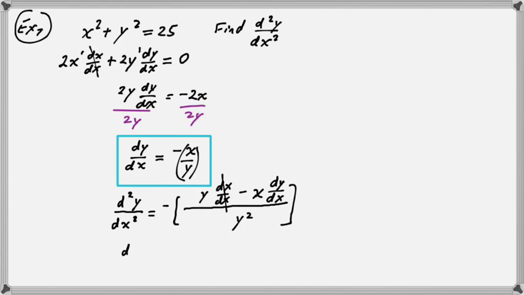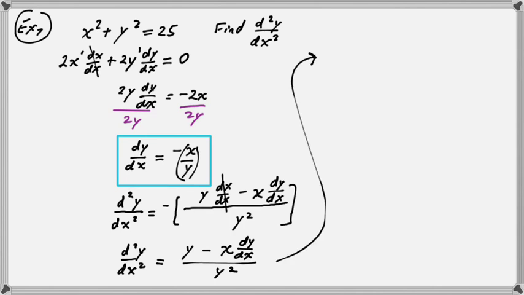So what does that mean the second derivative is so far? I haven't simplified. y minus x dy/dx all over y squared. So I'm taking the derivative of the derivative to make it into the second derivative.